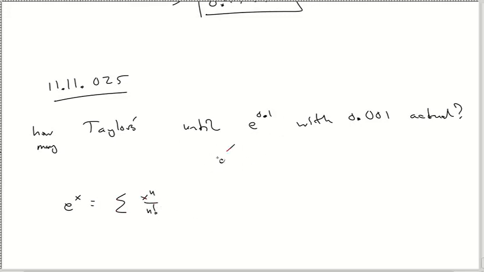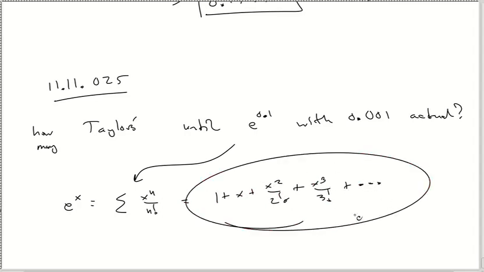That's my e to the x business they're talking about. And we want this series, plus blah, blah, blah, when we plug in x equals 0.1, to be within this much of the actual value.